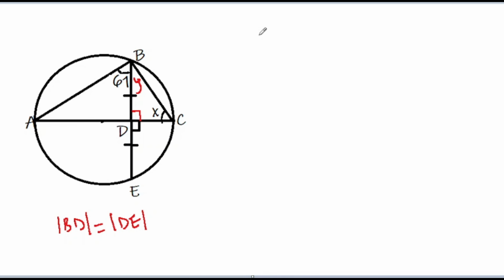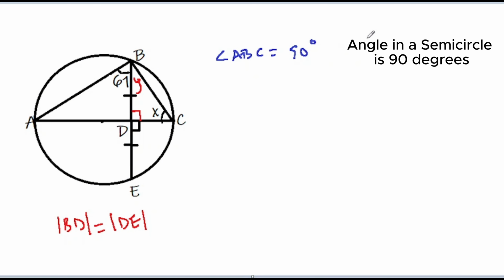Alright, so if we remember, angle in a semicircle is 90 degrees. So angle ABC is 90 degrees. And the reason for that is angle in a semicircle. Angle in a semicircle is 90 degrees because AC is the diameter dividing the circle into two.